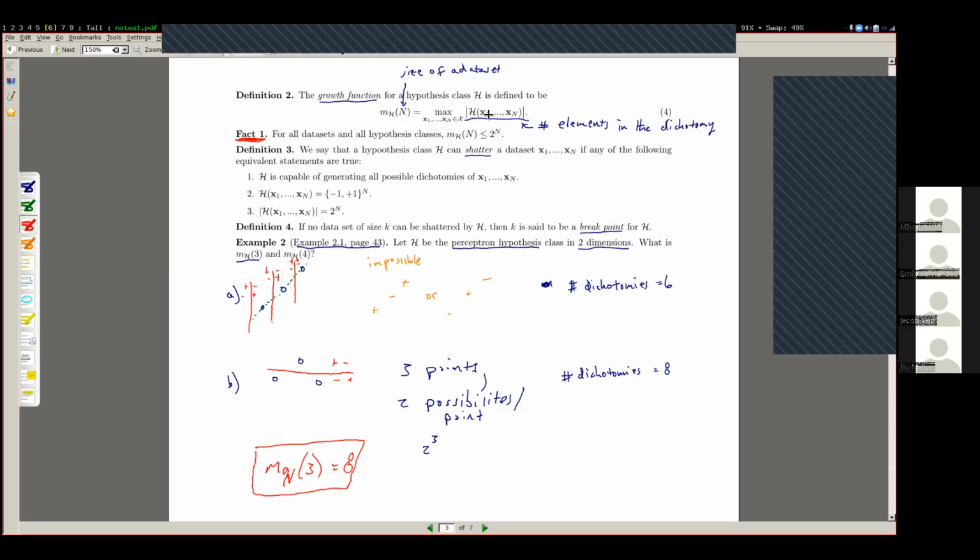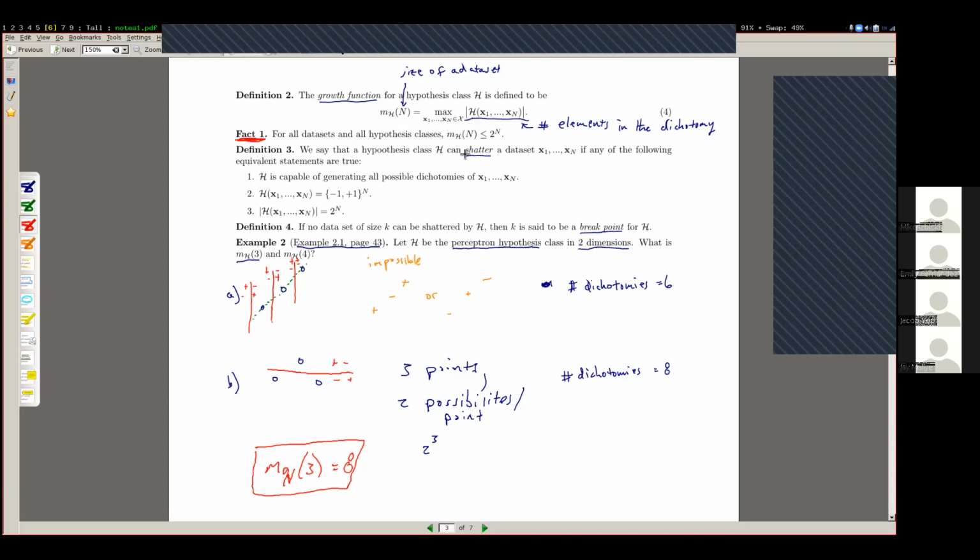The dichotomies, again, are the possible labelings of the data points. And so every data point can be labeled as either plus 1 or minus 1. That's where the 2 comes from, and the n is the number of data points. So if you ever get something above 2 to the n, then you know you've done something wrong.